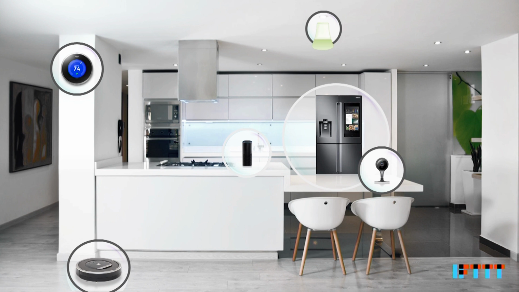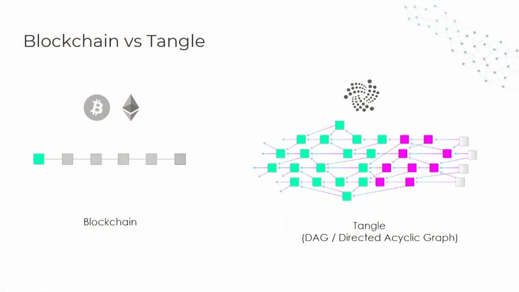We want to replace the standard blockchain, where each block approves the previous one, building a long chain. We are envisioning a system with a different data structure. Instead of a chain, every transaction that arrives in the network can be attached to two previous transactions. This builds a directed acyclic graph, which we call the tangle.